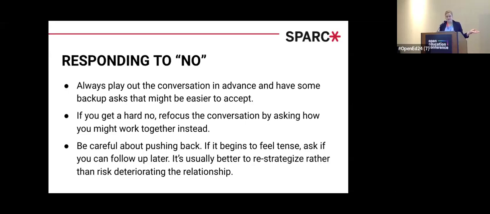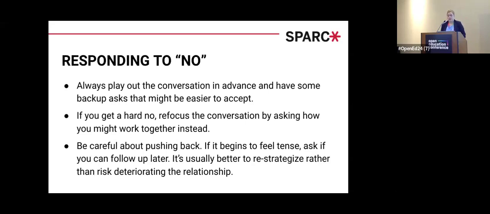If you get a no, that's okay. It's going to happen more often than not. And that just means that we have an opportunity to redirect, refocus, move on to the next thing. So always take a moment to play out these conversations in advance. Think about how they might go and be prepared with some backup asks, perhaps something smaller that they may be more likely to say yes to.